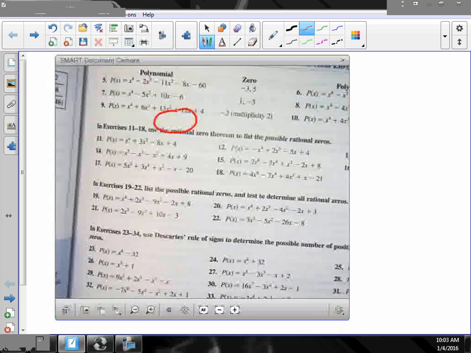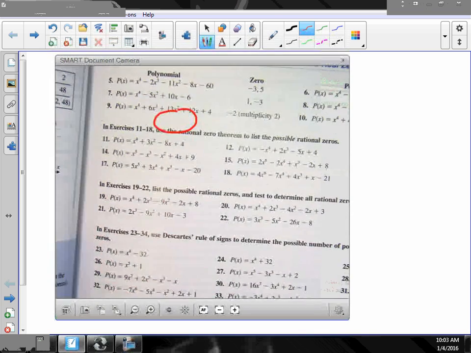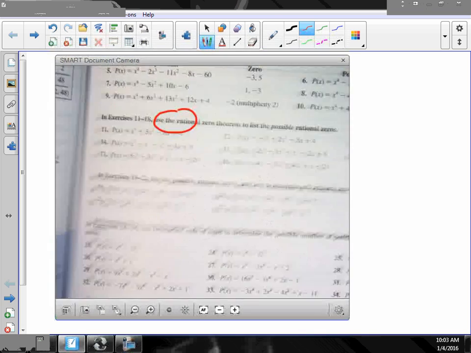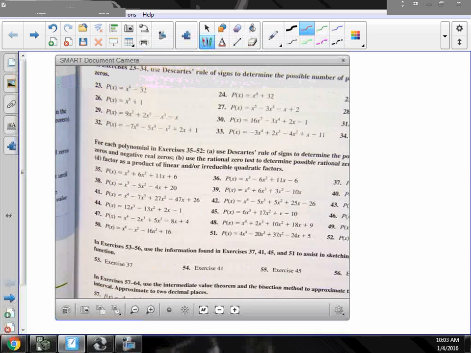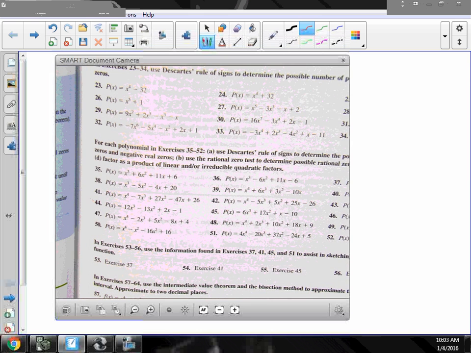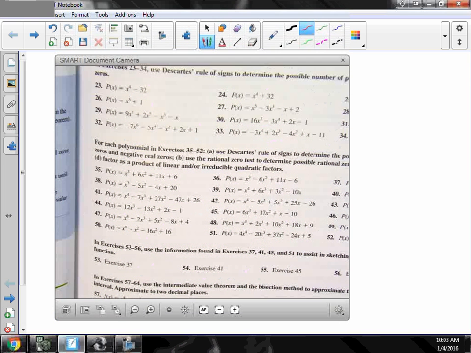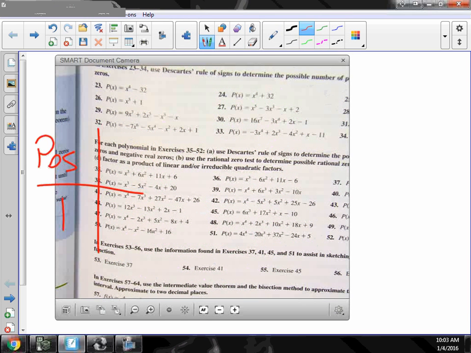Okay, let's do 29. How many positive sign changes are there? So positive is going to be 1. Now we plug in negative x. Does the first sign change if we plug in negative x?